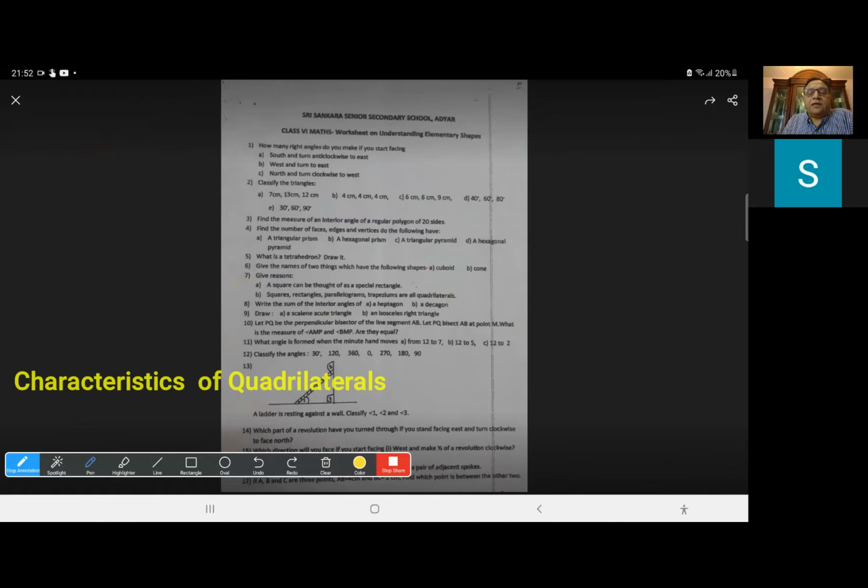Squares, rectangles, parallelograms, trapezoids are all quadrilaterals, right? Give reason why. Tell me why. Quadrilaterals means four-sided figures.